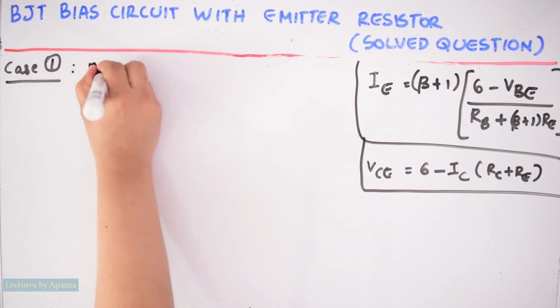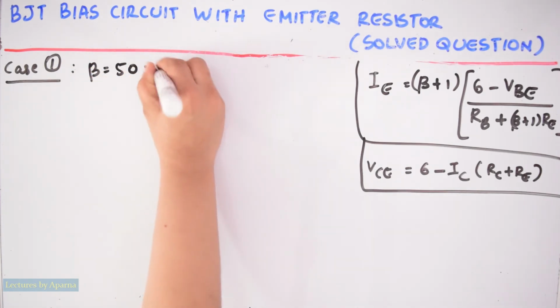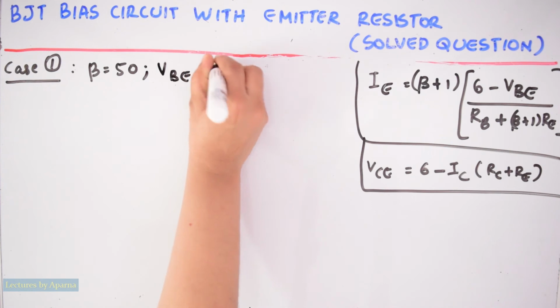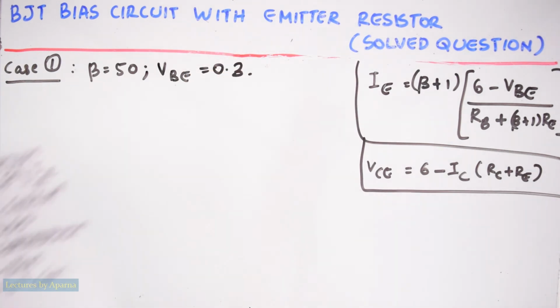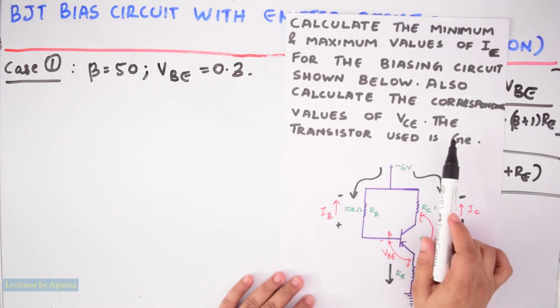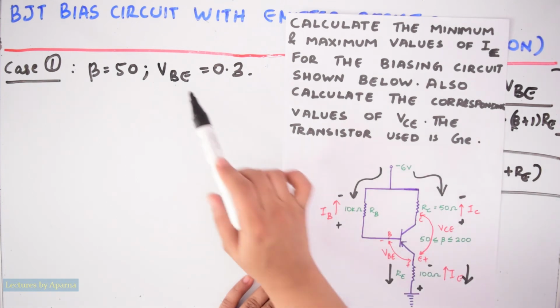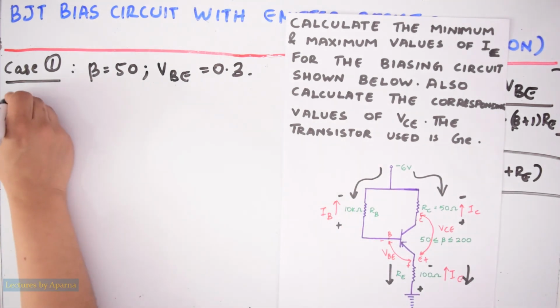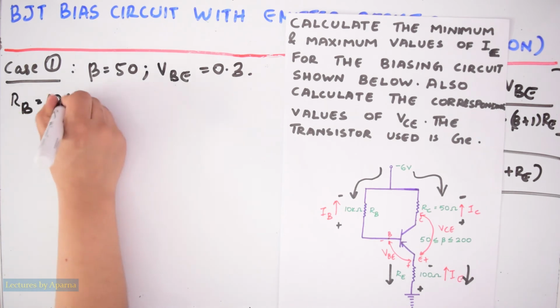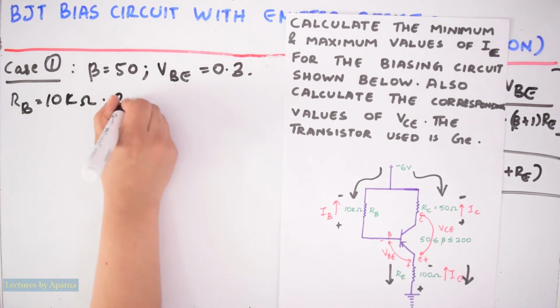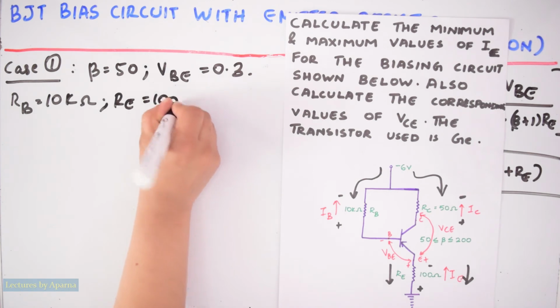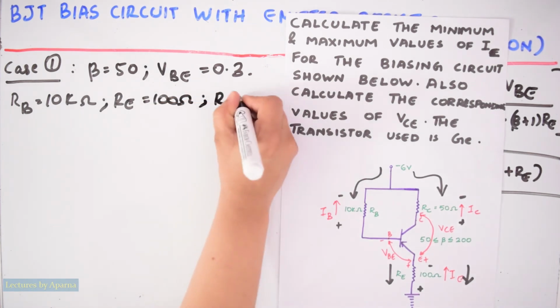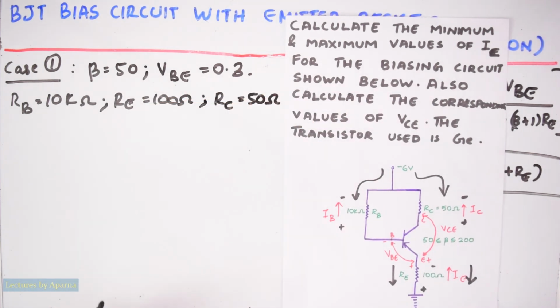Case 1, when beta equal to 50, given that VB is equal to 0.3, because the transistor used is germanium. For germanium, VB is 0.3. And RB is equal to 10 kilo ohm and RE is equal to 100 ohm. RC is equal to 50 ohm.